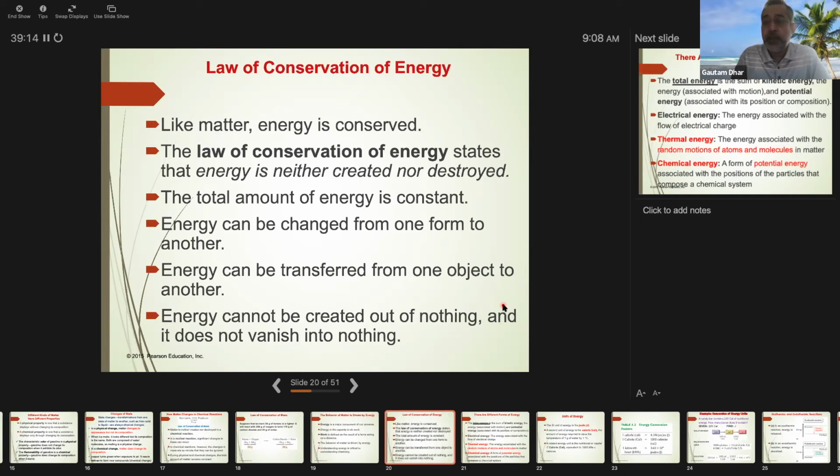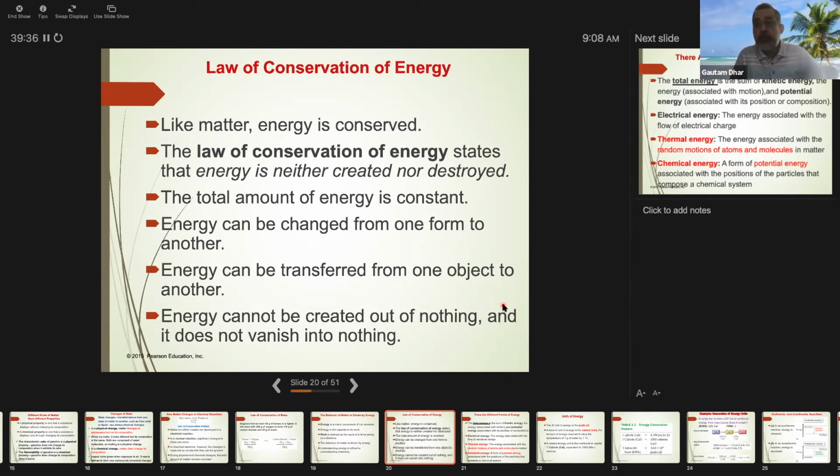Energy is already there. Now, if you think of the bond energy in hydrocarbon, how did it come there in the first place? So we depend on the sun for everything. That's the ultimate source of energy, and we utilize the sun's energy and convert it into different forms.